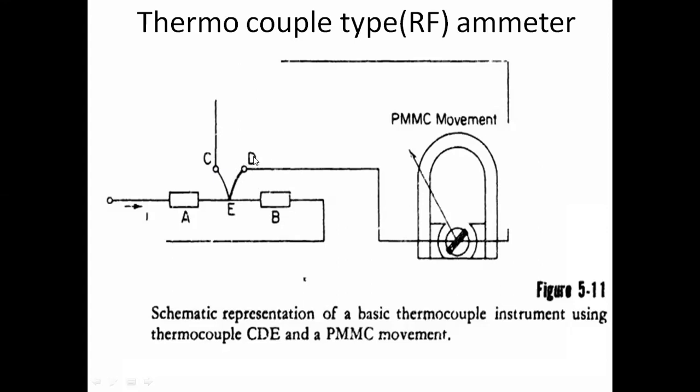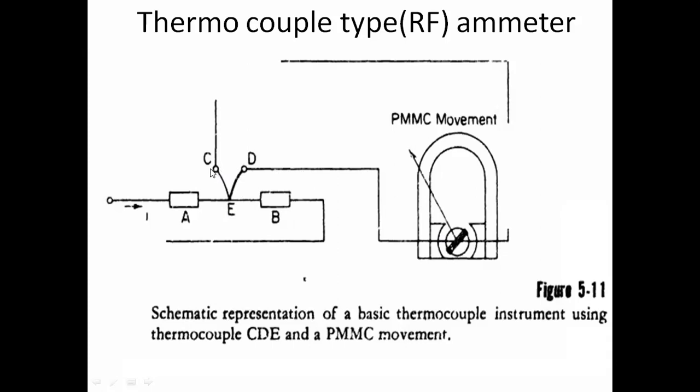Here also we can get voltage. But we have to show in the meter only the voltage which is produced at E. Due to external temperature, these points C and D also become junctions, and due to that there is some generation of voltage.